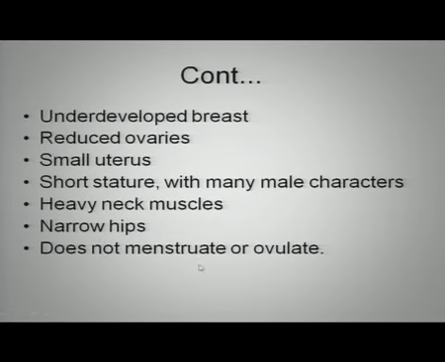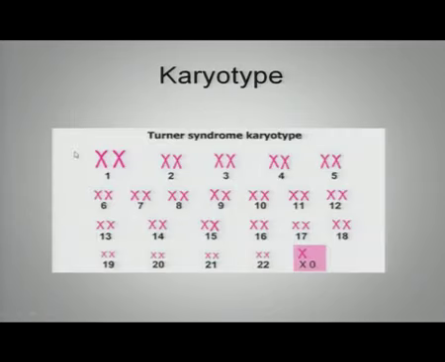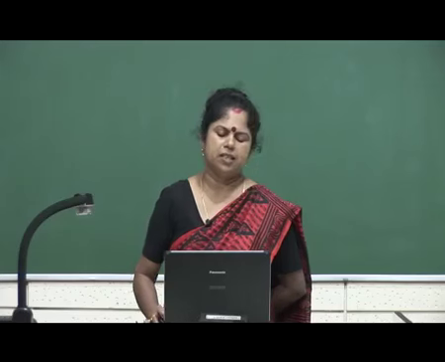They do not menstruate or ovulate. So here you can see the karyotype, the chromosome complement of this particular individual. These are the different autosomes you can see here, and this is the sex chromosome complement with only one X chromosome. The second X chromosome is missing in this individual.